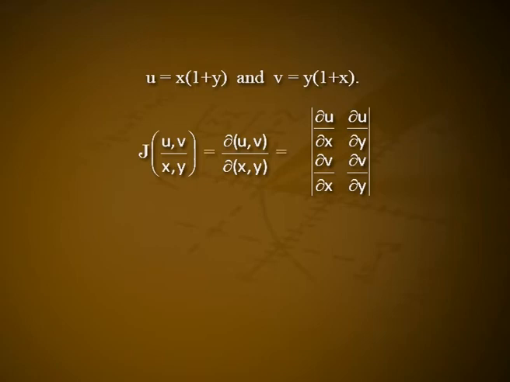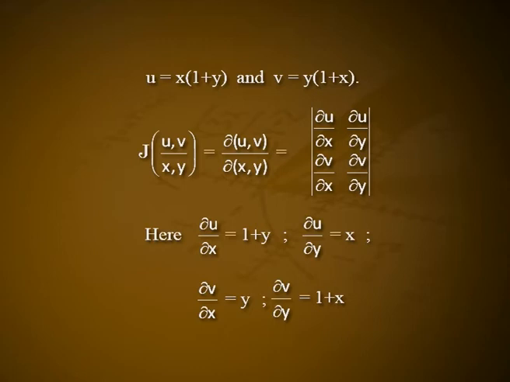Jacobian of two independent variables. Let u equal to x times (1 plus y) and v equal to y times (1 plus x). J of uv over xy equal to ∂(u,v) over ∂(x,y) equal to the determinant with first row ∂u/∂x, ∂u/∂y, second row ∂v/∂x, ∂v/∂y. Here ∂u/∂x equal to 1 plus y, ∂u/∂y equal to x, ∂v/∂x equal to y, ∂v/∂y equal to 1 plus x.